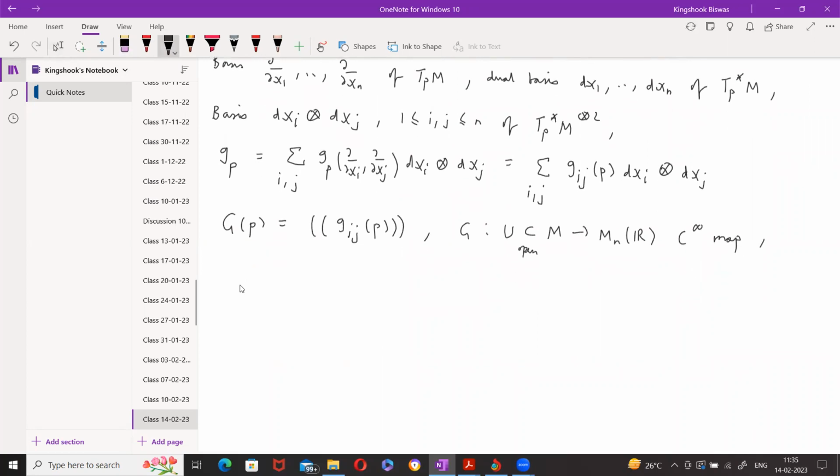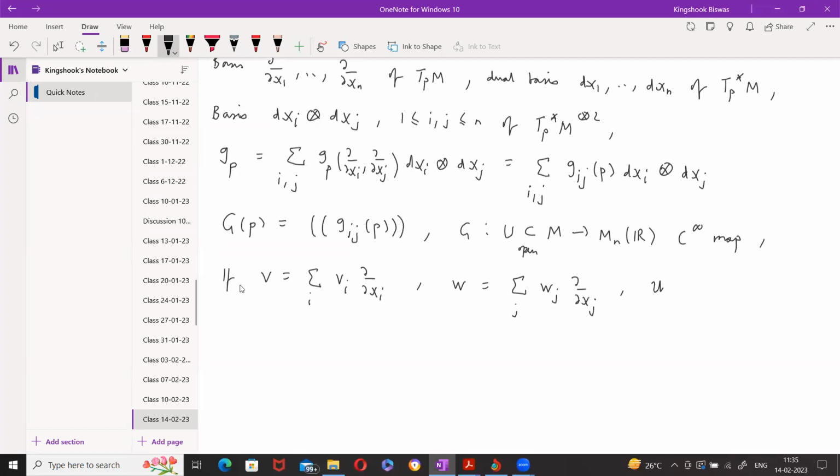Now, how can I write my inner product little g in terms of the matrix capital G? Well, if I take vectors V, which is the sum of Vi del del xi, and W equal to the sum of Wj del del xj, these are in TpM.